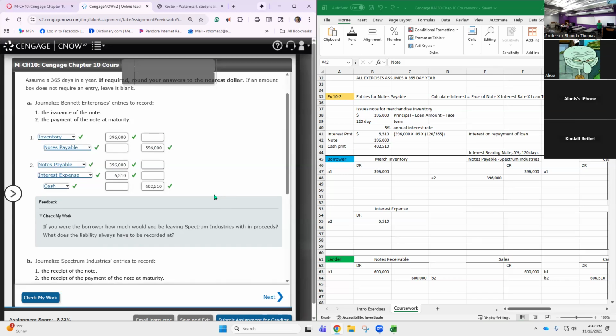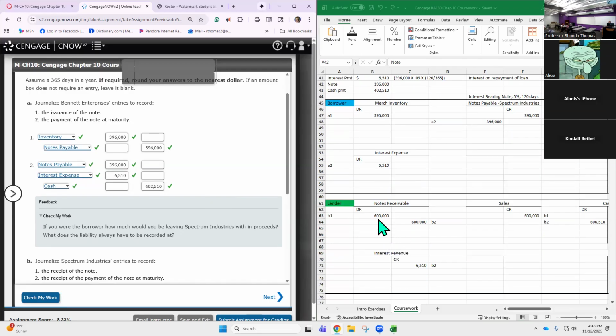Okay, now we're going to be the Spectrum Industries, which is the lender, right? So Spectrum allowed the borrower, Bennett, to basically borrow that inventory and not have to pay it back right away.